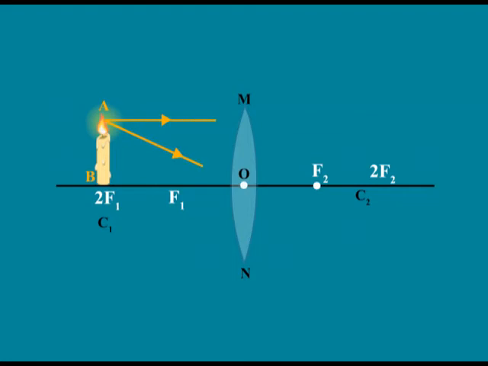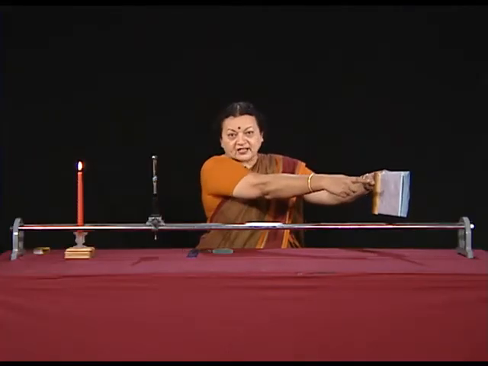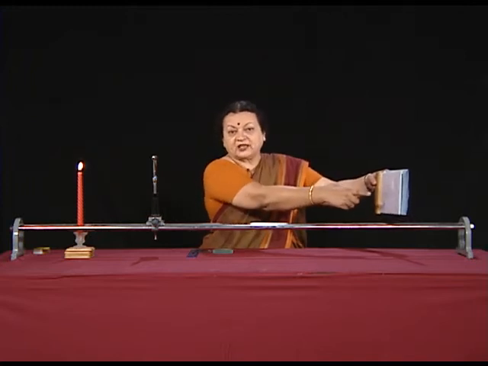The reason is that the rays after refraction meet at this point and create an image from where some of them are reflected. These rays are coming to me through this line of sight, and I am able to see them.